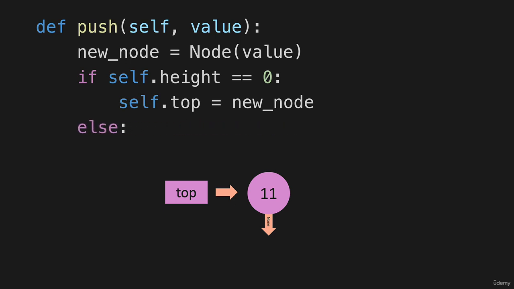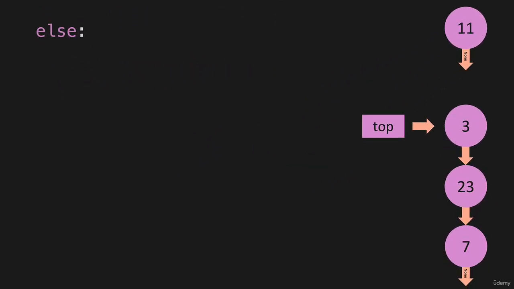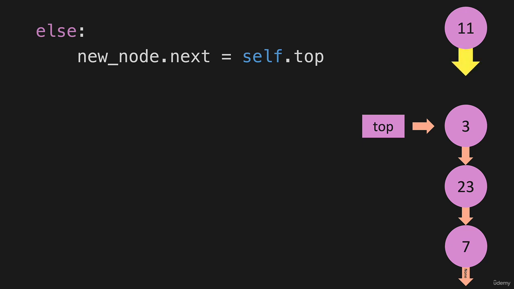So we'll say else, and we're going to push that 11 onto that existing stack. So we'll say new node dot next equals self dot top. So that is, new node dot next is going to point to the same node that top is pointing to, like this.